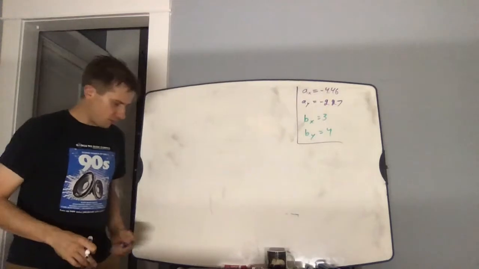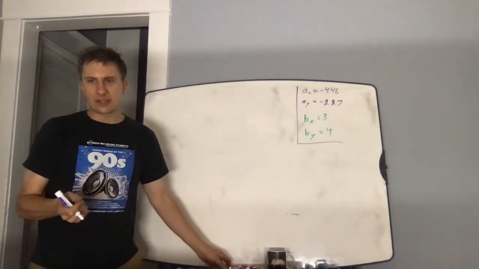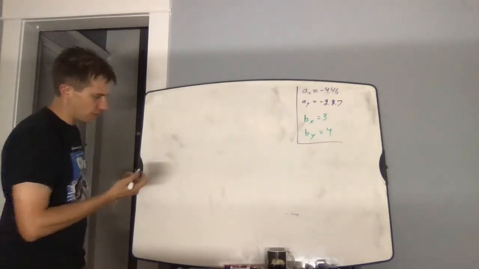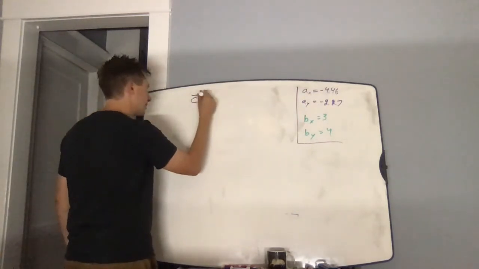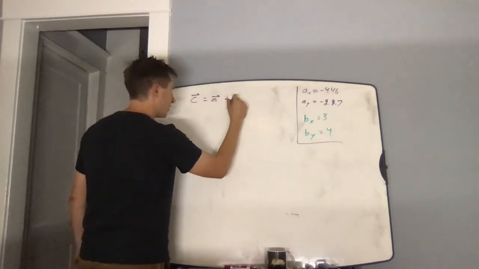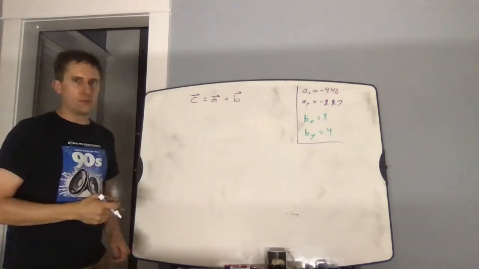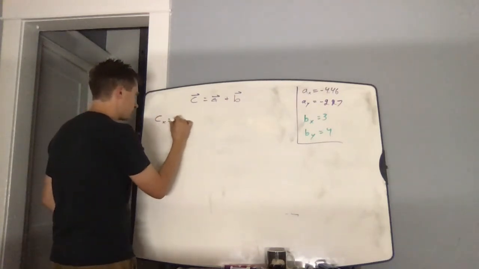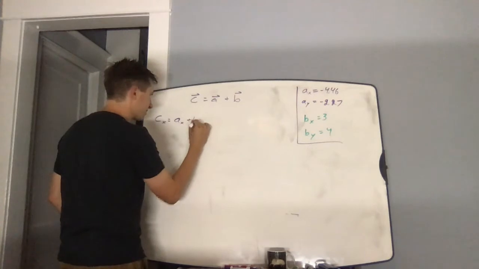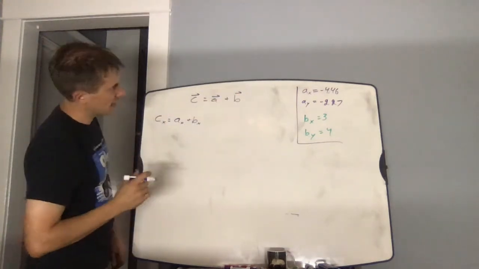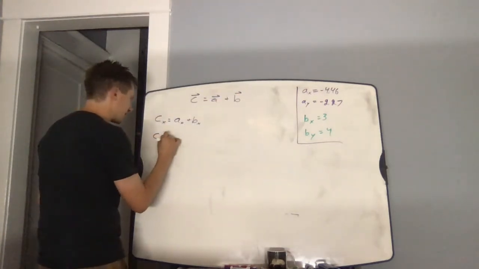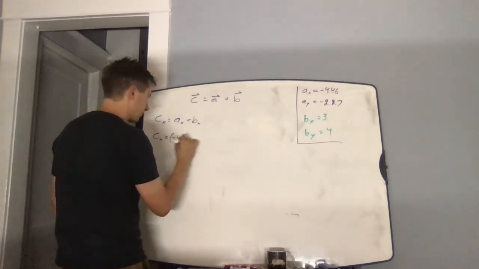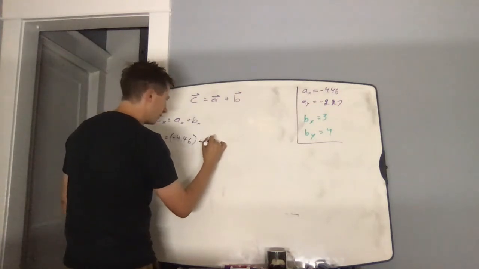Now, as I said before, we are trying to find a new vector, I'm going to call it vector C. I like to label the new vector when I find it. So C is equal to A plus B. Vector C itself will have components to it. I could say Cx is equal to Ax plus Bx. So using the values I have over there, Cx is equal to negative 4.46 plus 3.